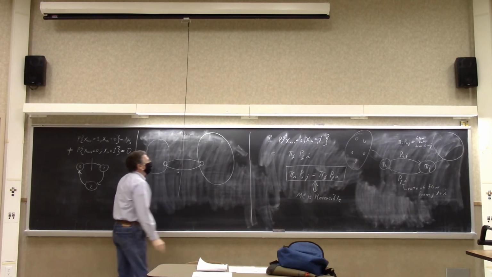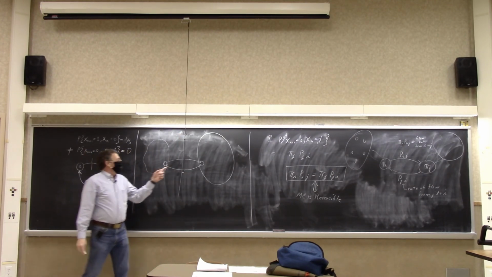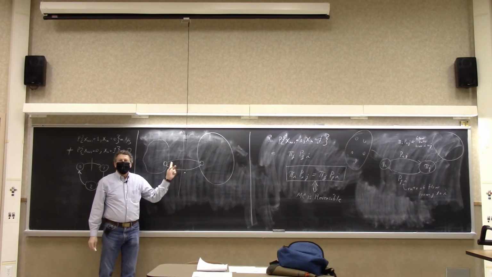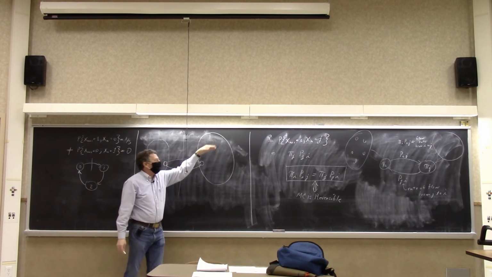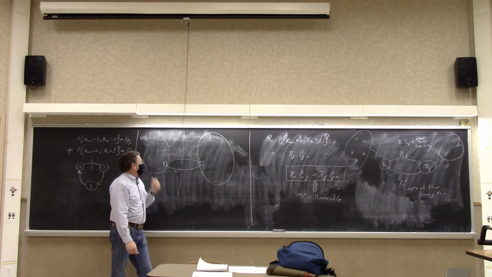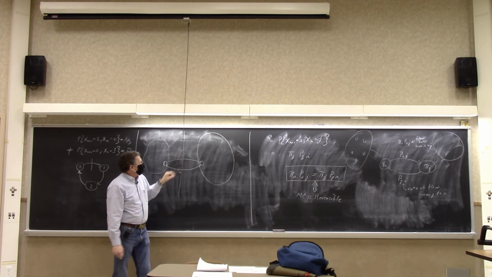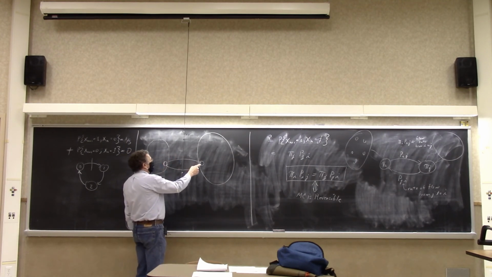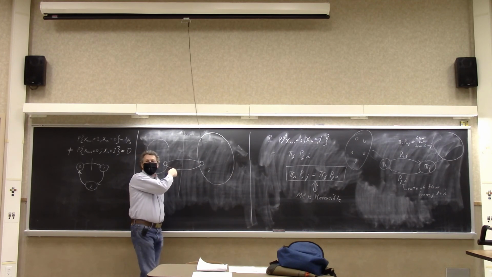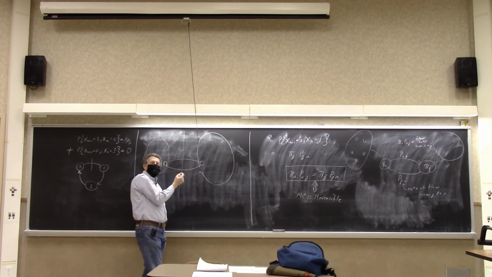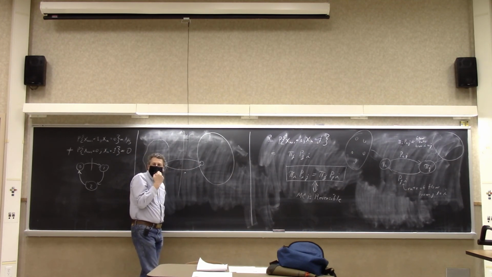If you have undirected edges between pairs of states, and if I remove this edge, I disconnect the network into two pieces.